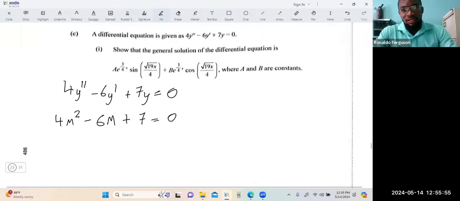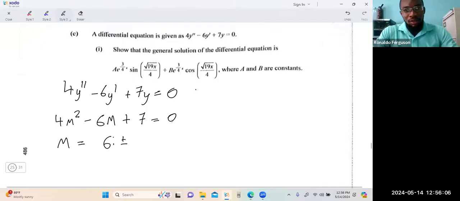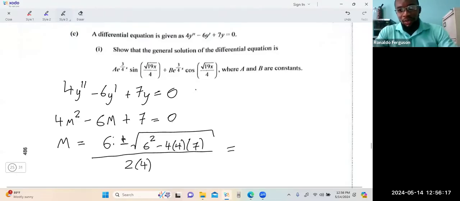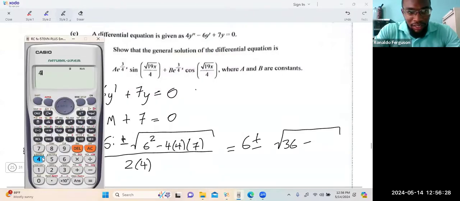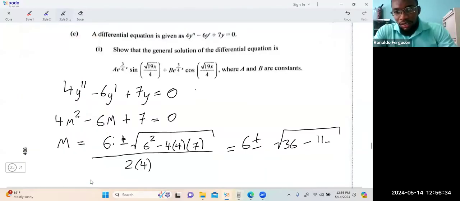So m equals minus b plus or minus the square root of b squared minus 4ac over 2a, 2 times 4. So we'll have 6 plus or minus the square root of 36 minus 4 times 4 times 7, which is 112, over 8.